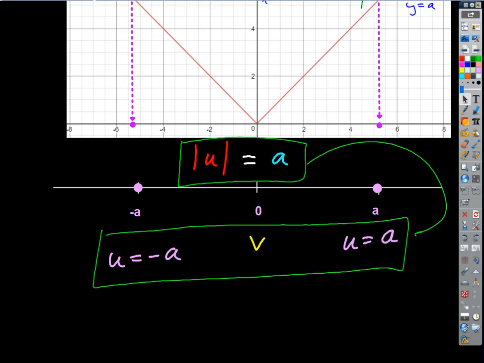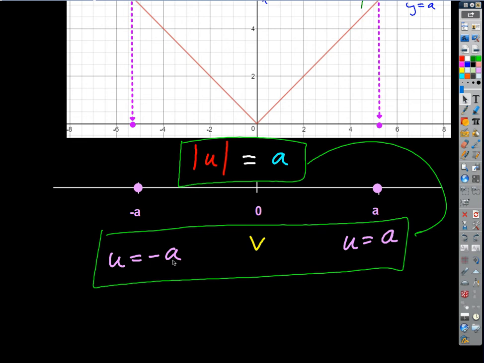And it's pretty simple. Once we isolate the absolute value, so the absolute value of something is equal to a number, then the two equations are obvious. Either what's inside the absolute value is equal to the number, or it's equal to the opposite of the number.